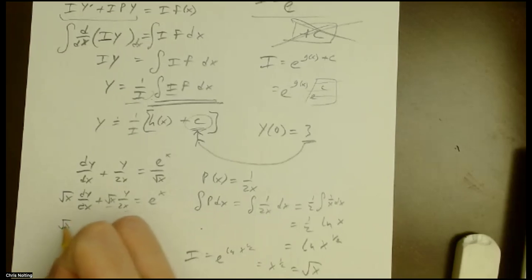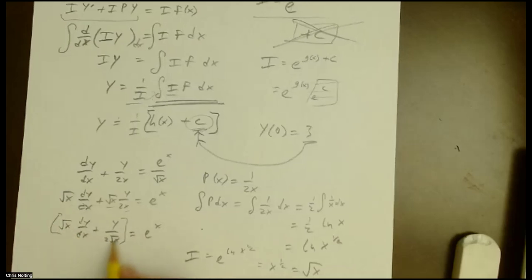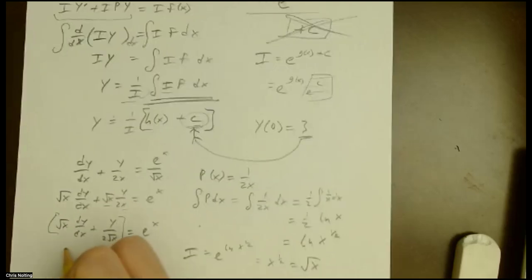This becomes square root x dy/dx plus y over 2 root x equals e to the x. And you might even recognize that this here is the derivative of root x. So then we could say that this is d/dx of root x y equals e to the x.